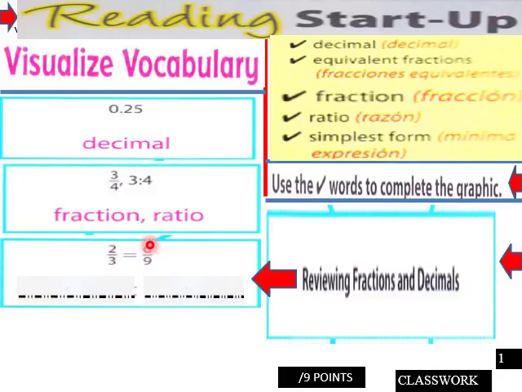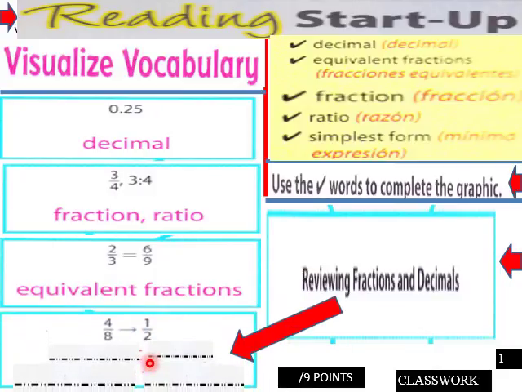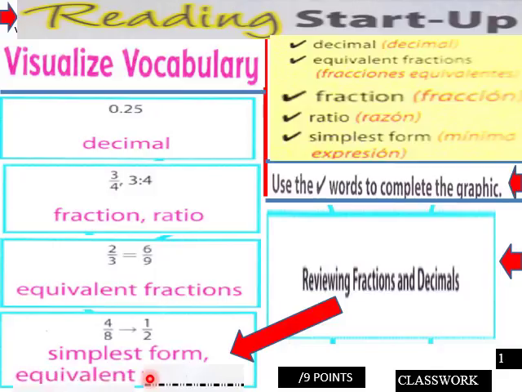And then 2/3 equals 6/9. What's that? Equivalent fractions. And then 4/8, when it becomes 1/2, it has been simplified into simplest form, and it is an equivalent fraction.